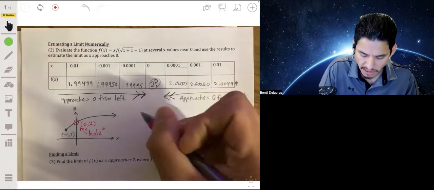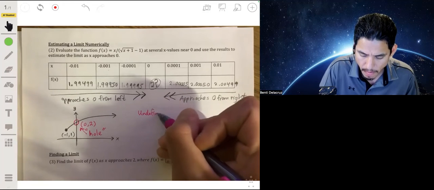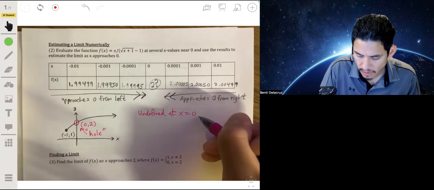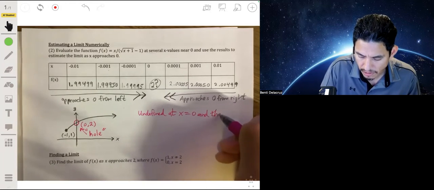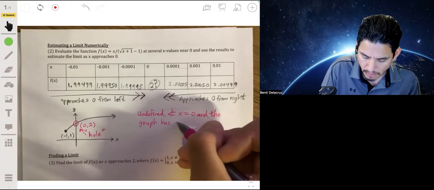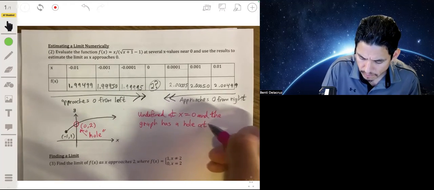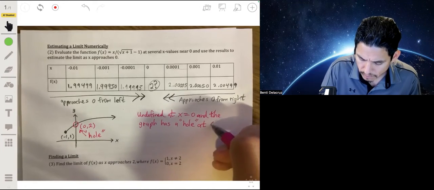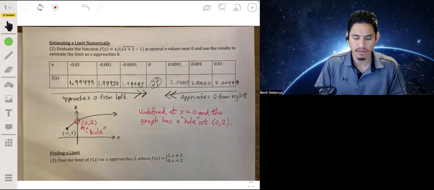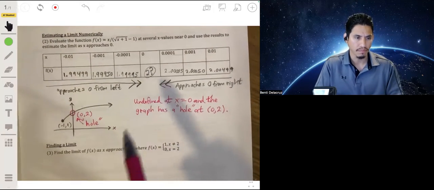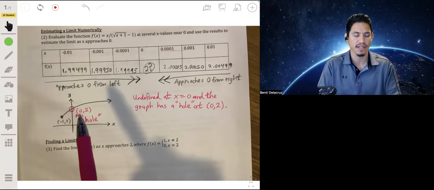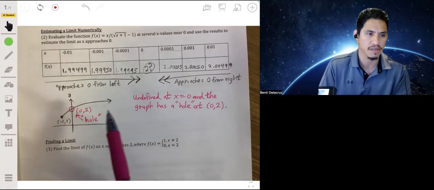So again, we can also say it's undefined at x equals 0, and its graph has a hole, gap, or discontinuity. So same idea as the previous one we did. If we were to actually graph this using technology, you wouldn't see it easily. We would trace it, and you would see that it would be undefined there.